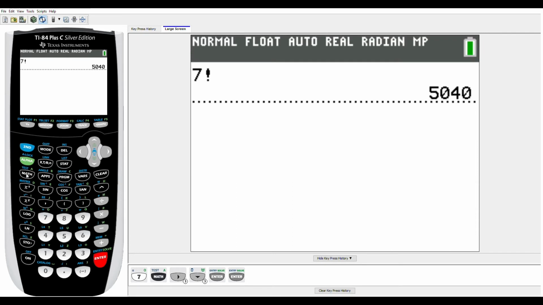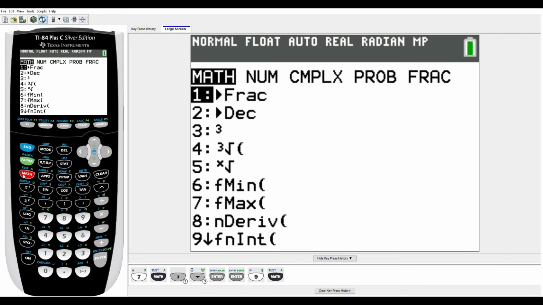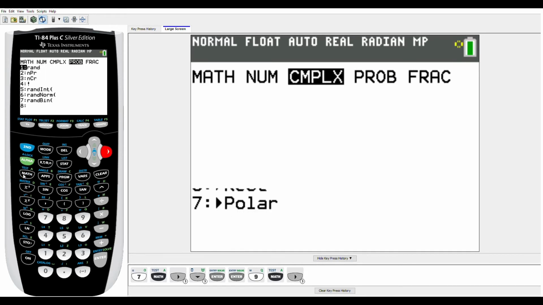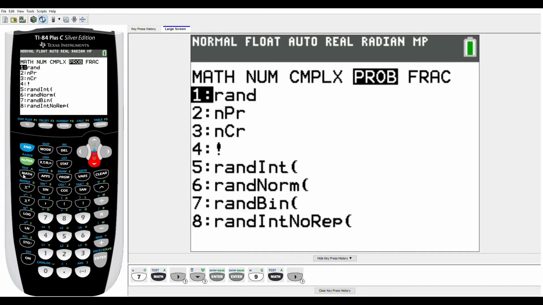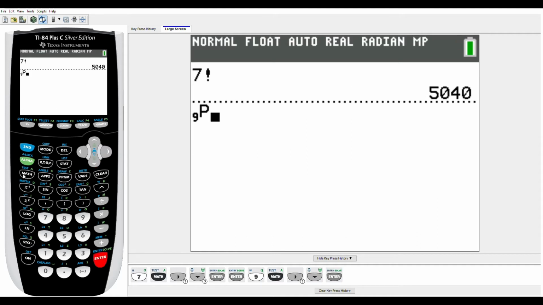The next one, part D, we're going to go ahead and type the first number that we have. Our N value is 9. And then we're going to go over to math, go over to PROB, scroll down to permutations, which is number 2, and then we're going to type our second value, which is a 0. From here, go ahead and select enter. We arrive at our answer.